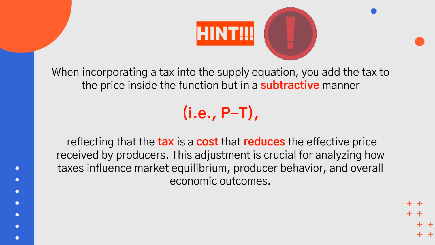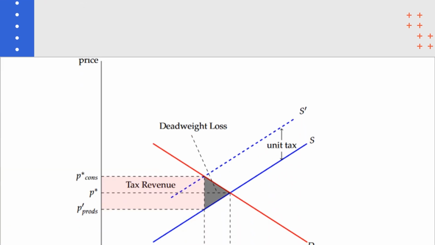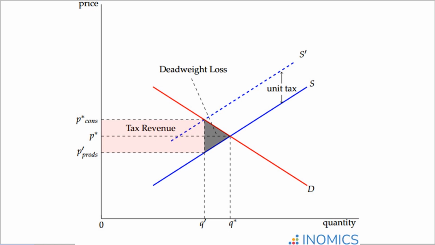So it's going to be P minus T, where T stands for the tax volume. We have a tax of 25, so the tax usually moves the supply curve upwards. As a result, there is a new equilibrium price and new equilibrium quantity.